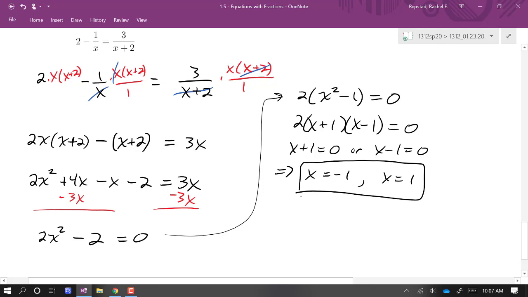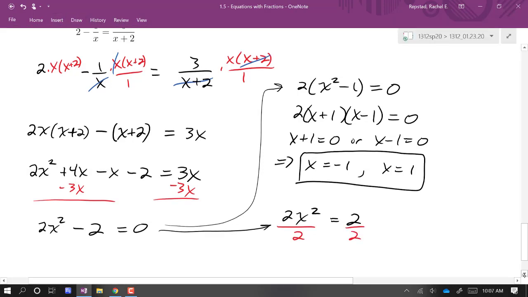Those are the solutions you'll find if you use the quadratic formula. And if we complete the square, there's not going to be a whole lot to do because there's no x term. When you complete the square, the first thing you do is throw the constant on the other side. There's no square to complete, or it's already a perfect square. If we divide by 2, we get x squared equals 1.